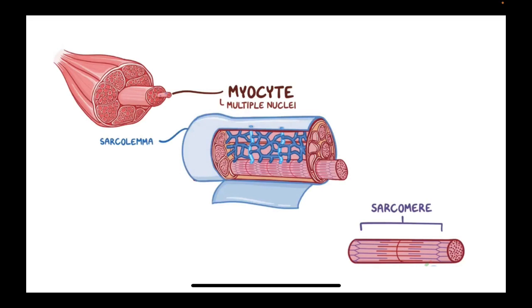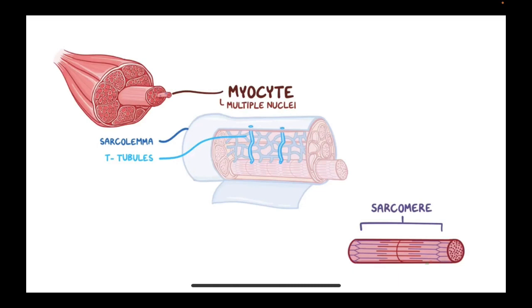The sarcolemma is unique because it has tiny T tubules, let me highlight that for you, that run or project downwards from the surface towards the center of each muscle fiber, as you can see clearly in this image on your screen.